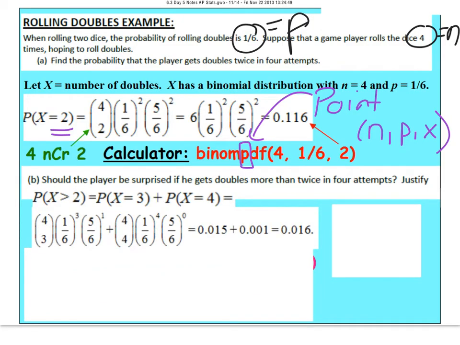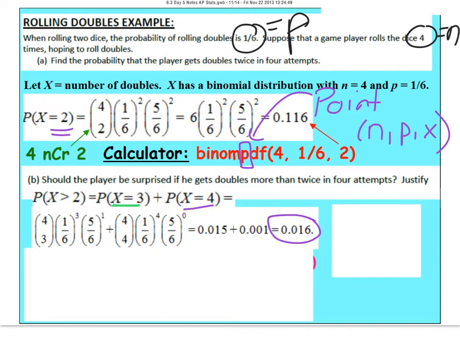Right here, for the probability of 3, I would do 4 choose 3, and I have success 3 times, failure once. For the probability of 4, I would do 4 choose 4. Success is 4 times, failure is 0. If you add those up, you're going to get 0.016. Okay, now I'm going to show you on the calculator how to do it.